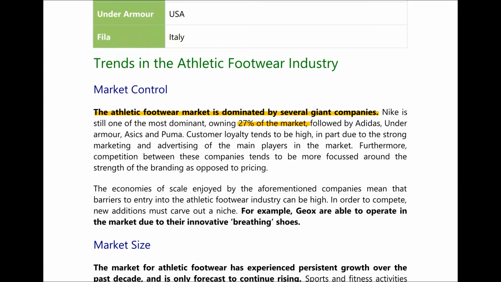Now, in this industry, a big feature is that customer loyalty is high, particularly as there's a strong rivalry between Nike and Adidas, and people do tend to be fairly loyal to those brands. And furthermore, the competition between these companies is much more focused around branding rather than pricing or even the products themselves. It's all about the brand in this kind of industry.